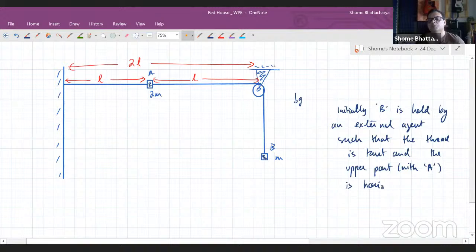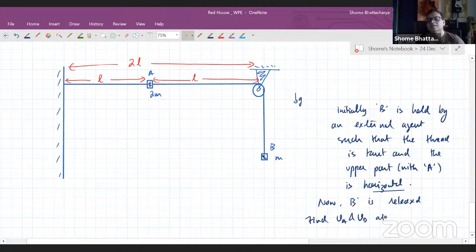The upper part of the thread system is horizontal. So now B is released. Okay. So find VA and VB at the instant when A is just about to hit the wall.